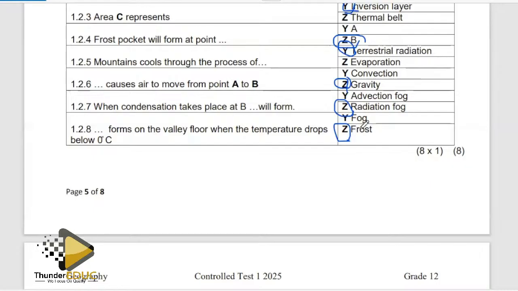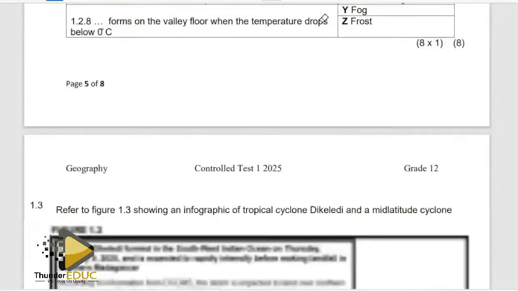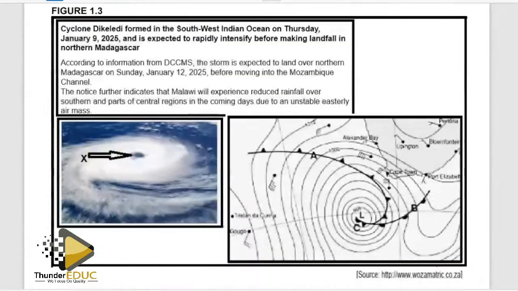We move on to question number 1.3. Right, we will also analyze the infographic. It's based on an infographic, question number 1.3, which we should analyze and try to figure out before we go into responding to the questions.